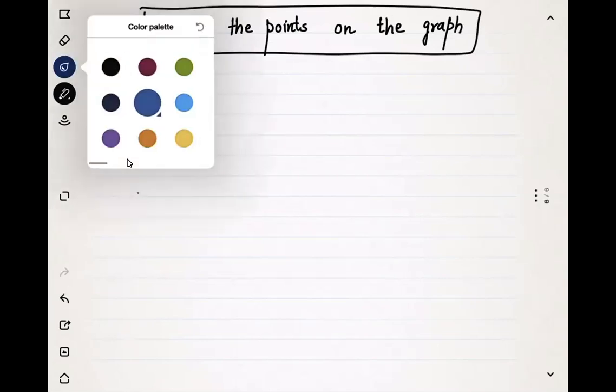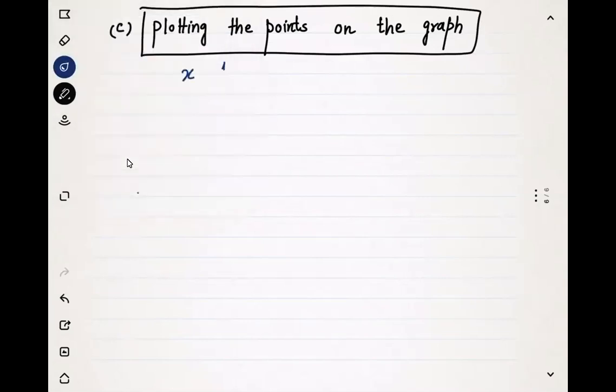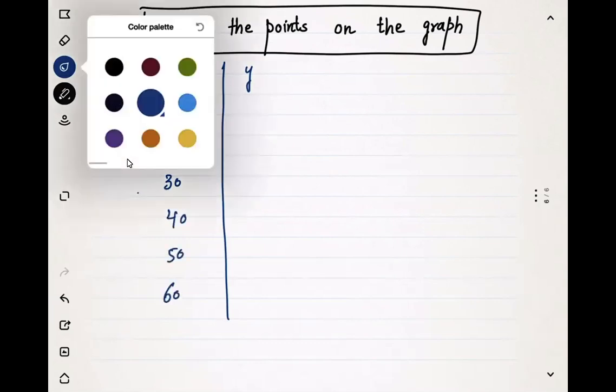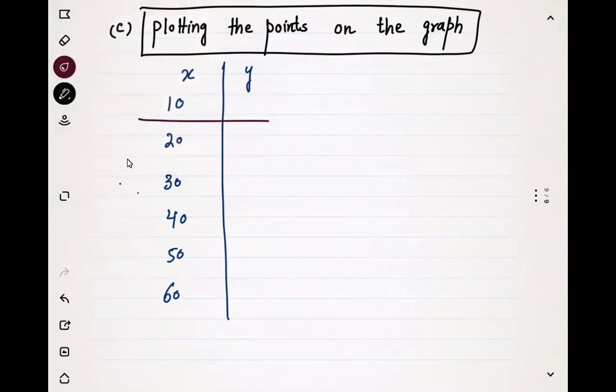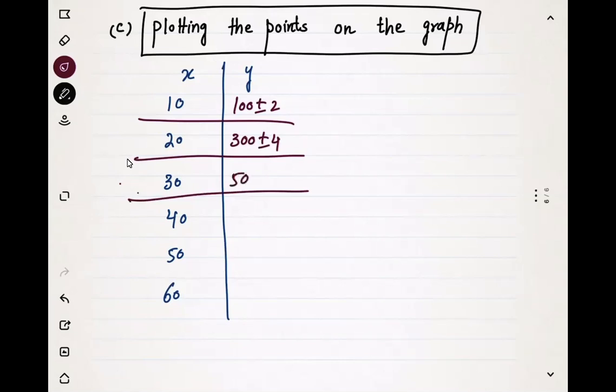Now you will get two values of X and against those values of Y. For example, if your X is 10, 20, 30, 40, 50, 60, your Y could be 100 plus minus 2, 300 plus minus 4, 5.